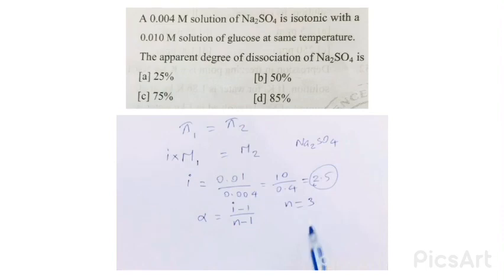By substituting these two values, we get 2.5 minus 1 by 3 minus 1, that is 1.5 by 2, that is 0.75. That means 75%. So option A.